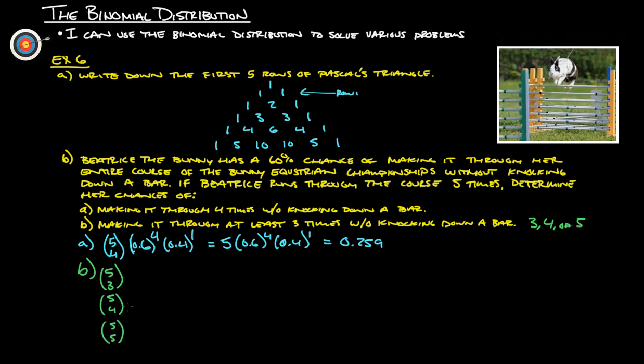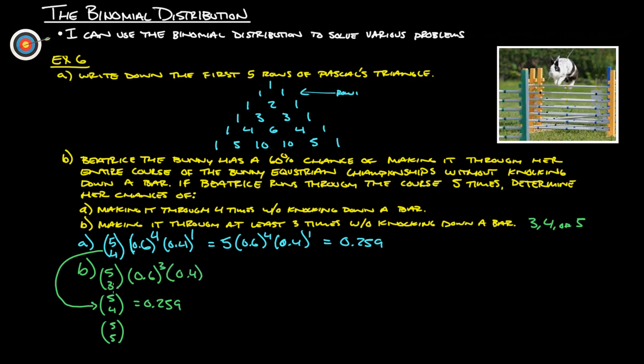Good news is we already did the 5 choose 4, 5 trials with 4 times being successful right here. We know that this is 0.259 because we already had that. So we just have to figure out these two, and then we're going to add them together. So 5 choose 3 is going to be 0.6, and we're going to have 3 successes, and then 0.4.